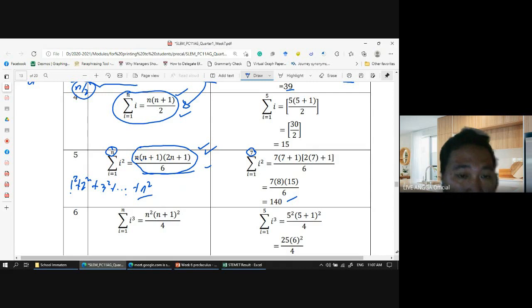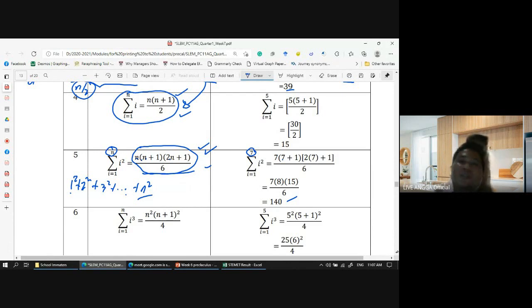Kung titingnan natin, meron bang common? Meron bang common ang 1 plus 4? Hindi siya pwede mag-pair. Why? Because the common difference is not common. 1 and 4, the difference is 3. 4 and 9, the difference is 5. 9 and 16, the difference is 7.